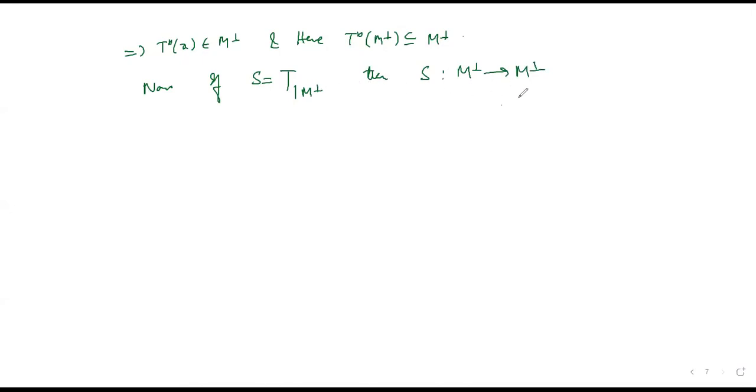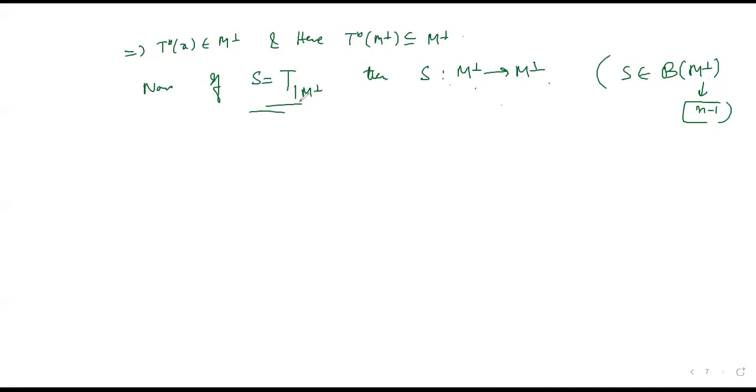Because it preserves this domain. It's invariant. So I can just define this now as a map from M perp to M perp, which is now an operator, a bounded linear operator. And so S belongs to the bounded linear operators on M perp और इसकी dimension तुम्हें पता है n-1. यानी S के लिए true है अपना result.